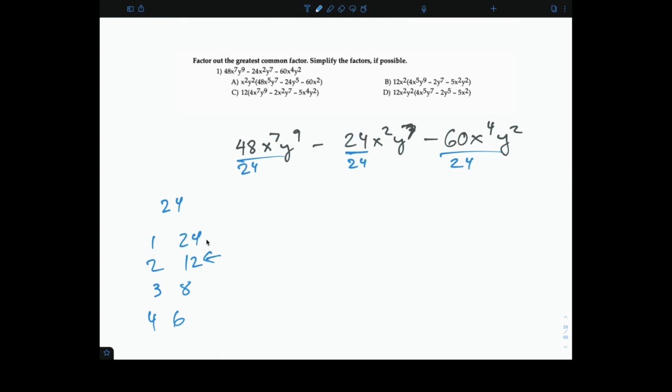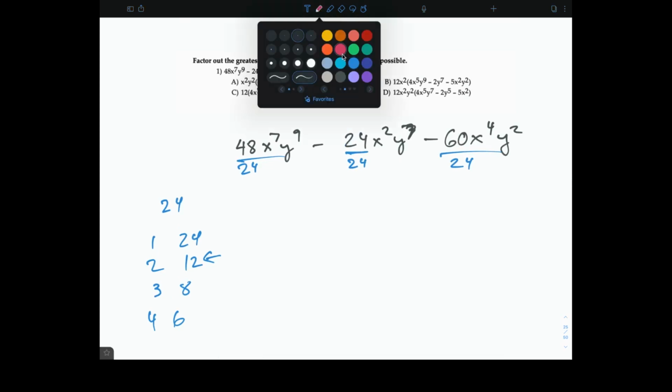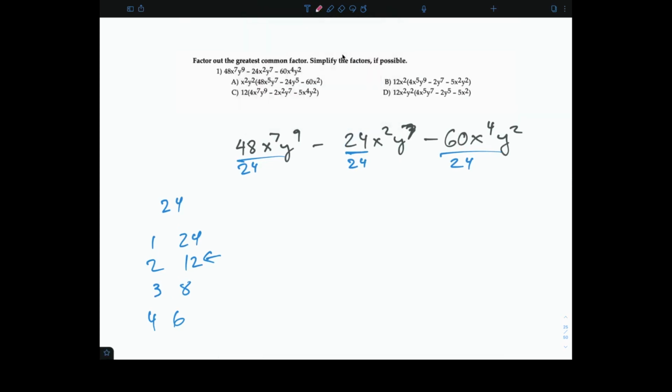Or, if you're like me and want to be lazy, i.e. efficient, you use the answer choices. All these answer choices do have 12 in it, so you know it's got to be 12, right? And 12 does go into each of these. 60 divided by 12 is 5, so it does work with each of these. So 12 is going to work, which means A is wrong, so I've eliminated one of the answer choices.